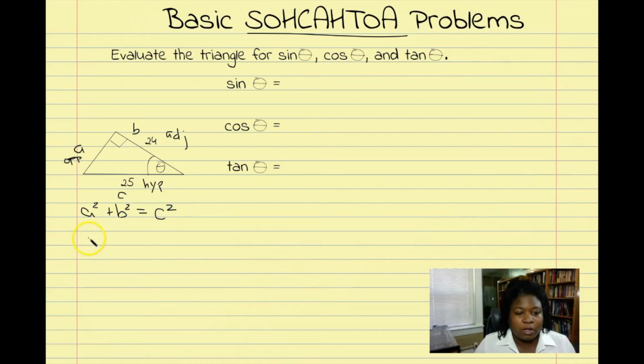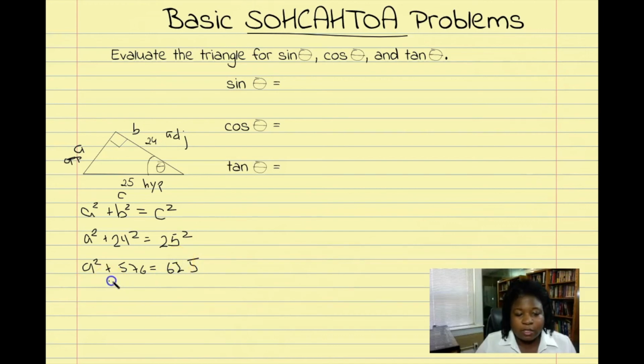And A squared, we don't know A, so we'll just write A squared plus 24 squared equals 25 squared. And A squared plus 576 equals 625.